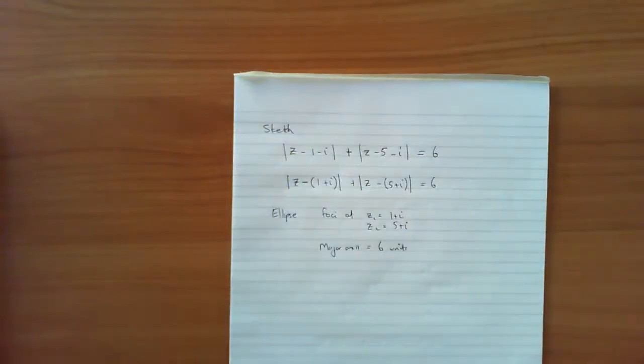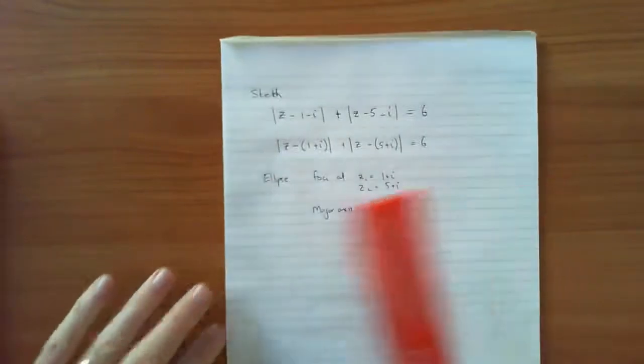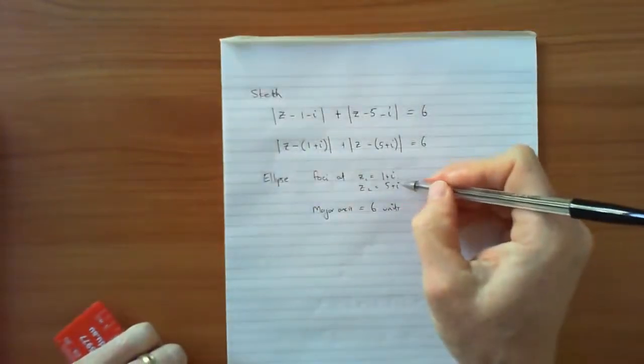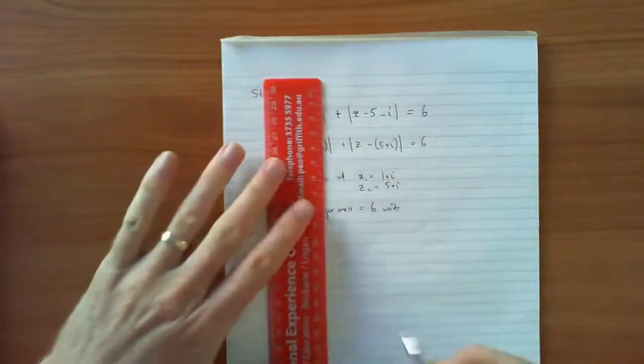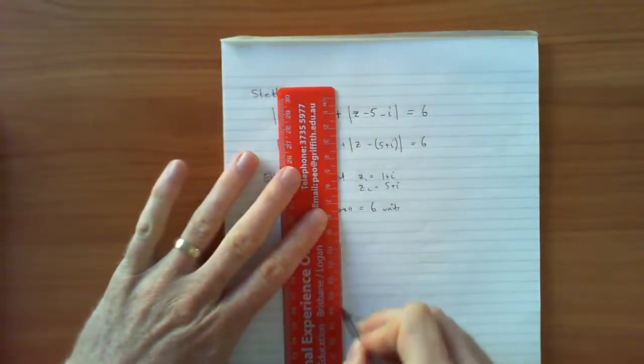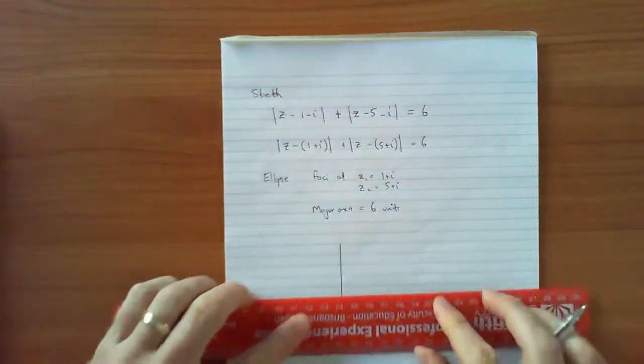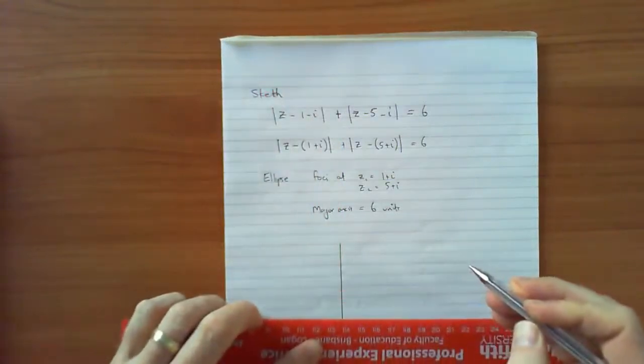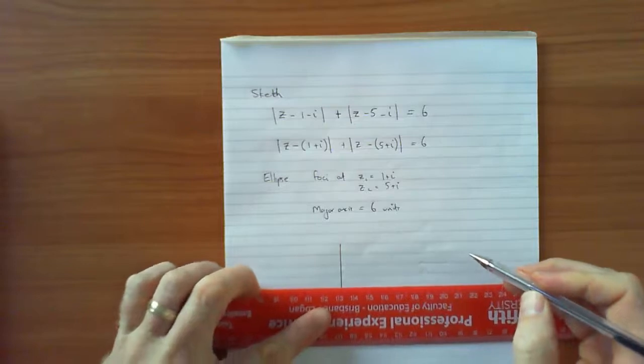So when we come to sketch this time I probably will use a ruler. We've got foci at 1 plus i and 5 plus i. So we're going to need a little bit more on the right hand side of our graph.